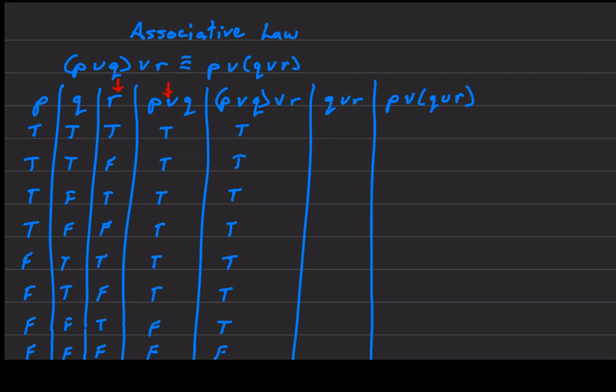So for Q or R here, we're going to take Q, compare that with R. I'll just draw the colored arrows out there so that it's easy to keep track of what we're doing here.